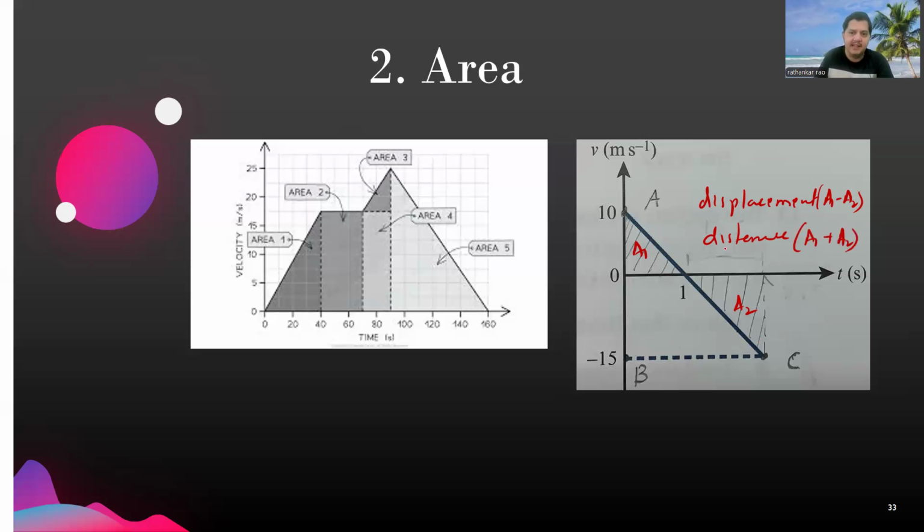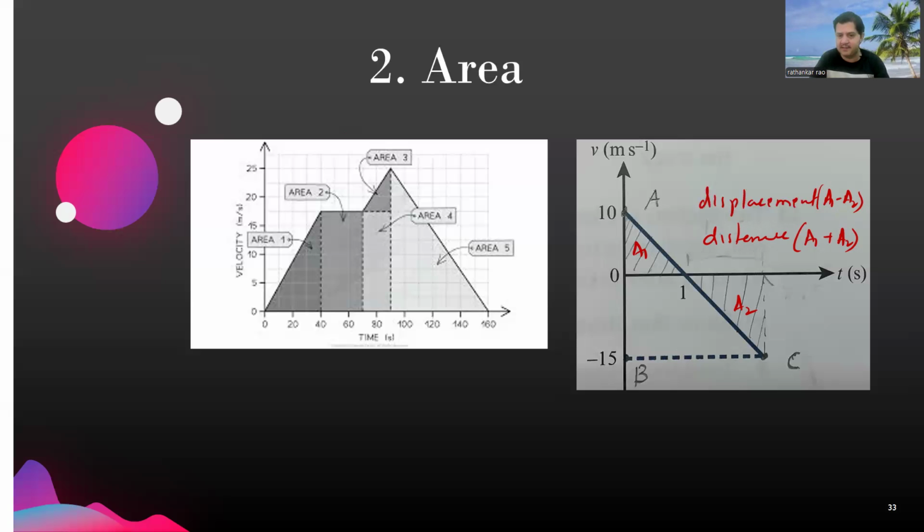In that case, I get the total distance traveled by the particle. So by finding out the area, you will be able to say what is the distance or the displacement traveled by a particle. Okay, so area is a very crucial measure, very important measure in graphical analysis.